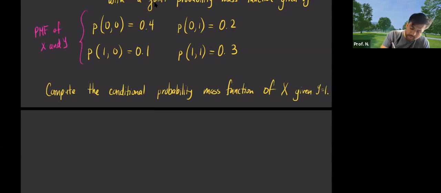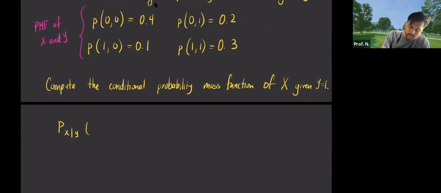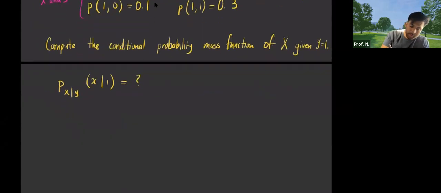So what I'm really finding is the probability of X given Y. What is the formula for this?